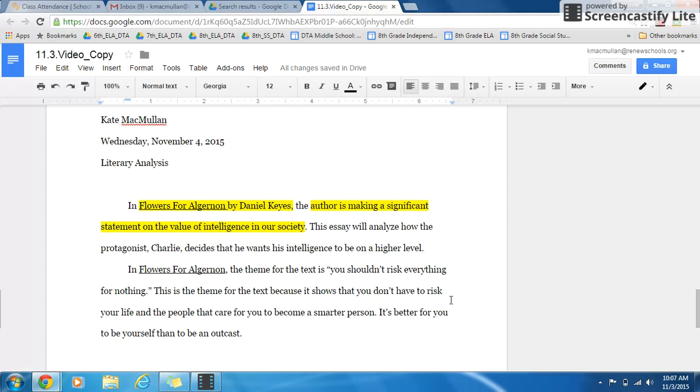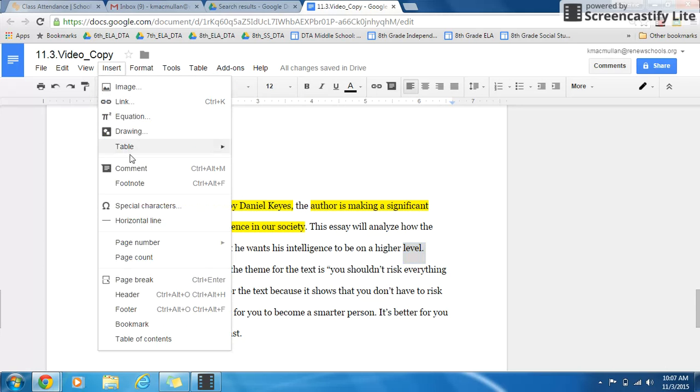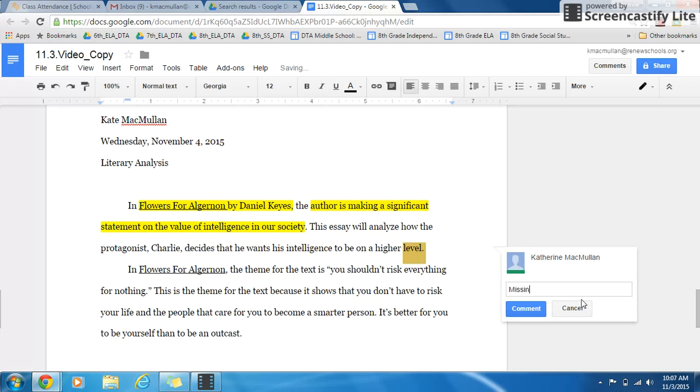The only thing I would say is that our prompt also asks about the theme that is developed and Charlie's changes. So what I would say here is that this essay is missing, and I'll insert a comment to show you, missing theme and Charlie's change in the restate. So what I'm thinking is that it would need something that would say that this essay will analyze how the protagonist, Charlie, decides he wants his intelligence to be on a higher level.